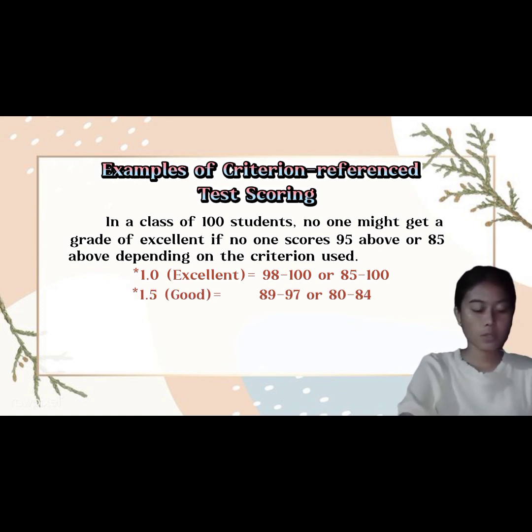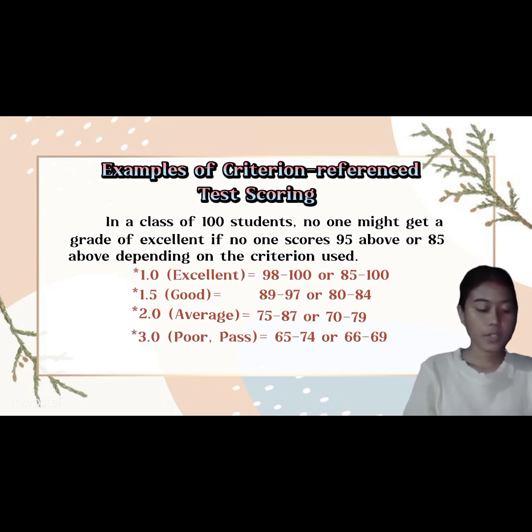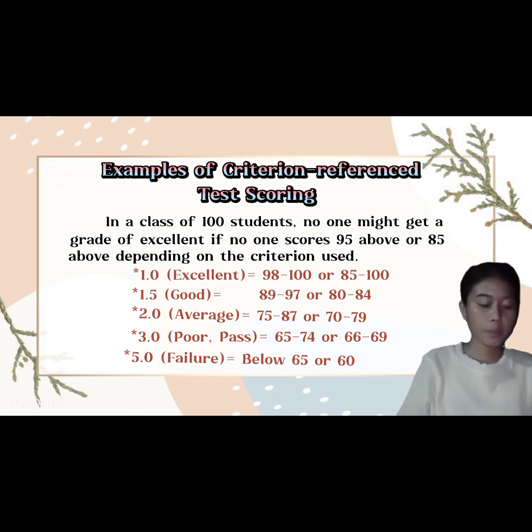Then 1.5 is good and it is equal to 89 to 97 or 80 to 84. 2.0 is average, equal to 75 to 87 or 70 to 79. 3.0 is poor and passing, equal to 65 to 74 or 66 to 69. 5.0 is failure and it is equal to below 65 or below 60.